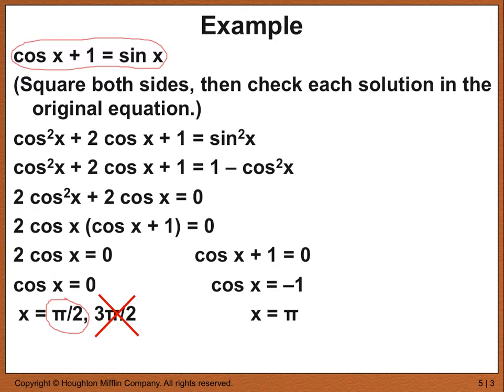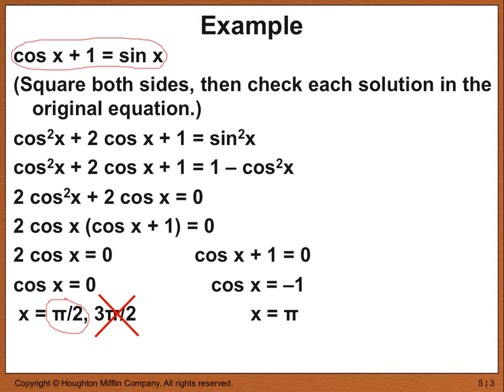All right, and finally we need to test x equals pi. Make sure that works. So we're going to plug in x equals pi into our circled equation, the original one at the top, and we test it. So cosine of pi, look at your unit circle there. You'll see that the x-coordinate for the point that corresponds to x equals pi is negative 1. All right, so we have negative 1 plus 1, that's 0.